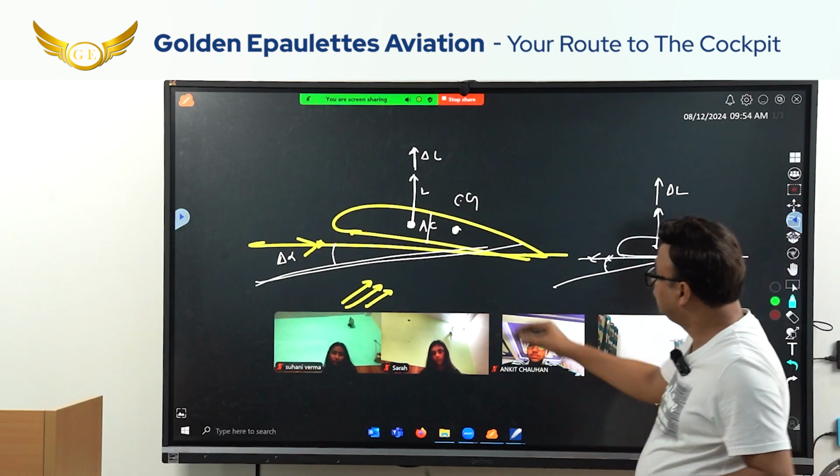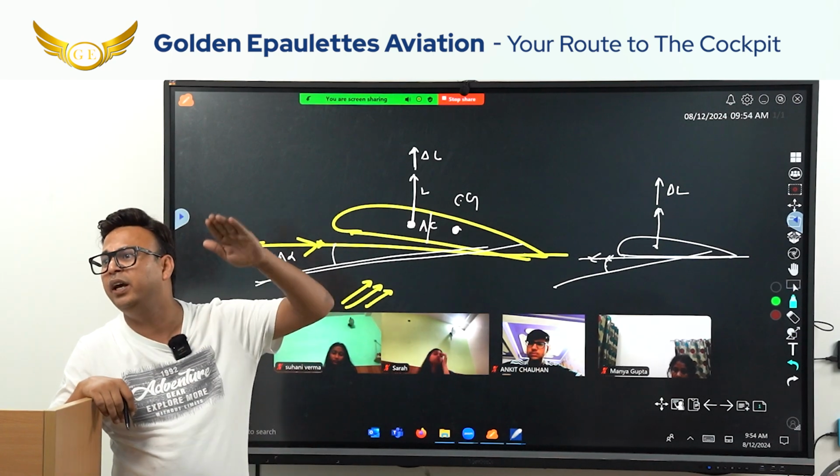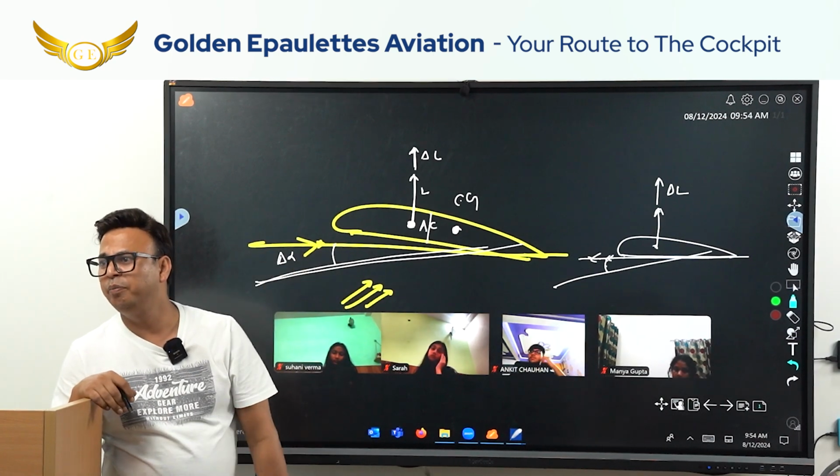Now, this wing, which is destabilizing, what is it trying to do with the aircraft attitude? What is it doing to the pitching moment?